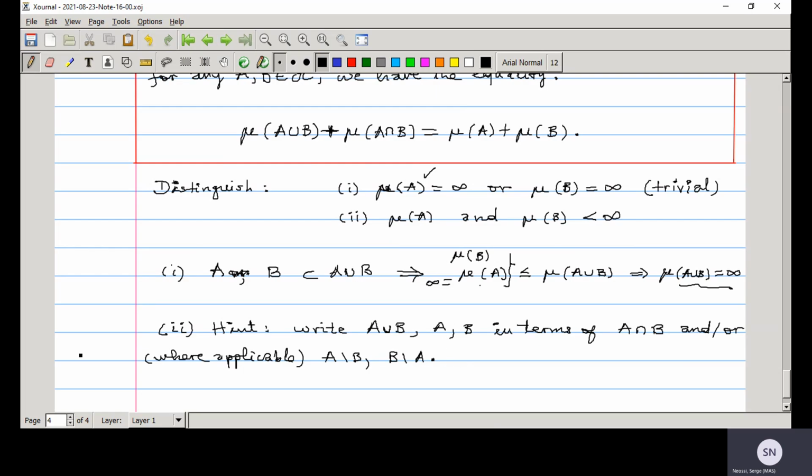But we know that if I write A like this, that is B, this is A, that is B, right? I can always write A in terms of the intersection if it's non-empty. I can also write B in terms of the intersection. But you can see that this part will not be A, it will be B minus A here.